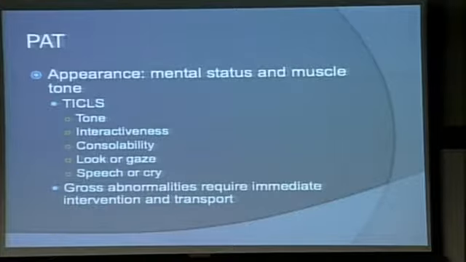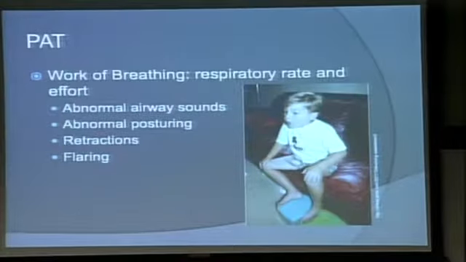You know what an abnormal cry sounds like. Obviously, gross abnormalities require immediate intervention. If they're totally floppy, not breathing, having difficulty, stridorous, you need to deal with them right away. That's a quick answer.